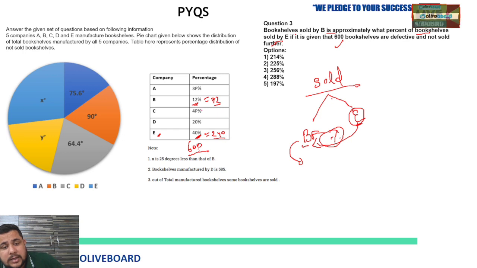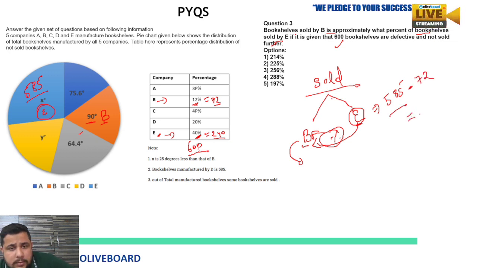Now why have we calculated this? Because now we know how many are unsold from B and from E. Now, manufactured by B, this is for B and this is for E. We know that 585 were manufactured by E, and out of those books, not 72, sorry, this is for E, 240 are unsold.